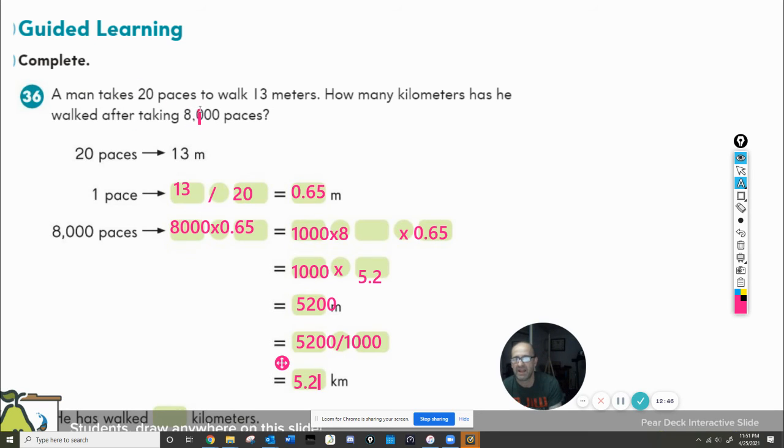I would do 8,000 divided by 20. 8,000 paces divided by 20 paces. If I did 8,000 divided by 20, what you're going to get is 400. 400 what? 400 13-meter sections. Does that make sense? 8,000 divided by 20 is 400 13-meter sections.